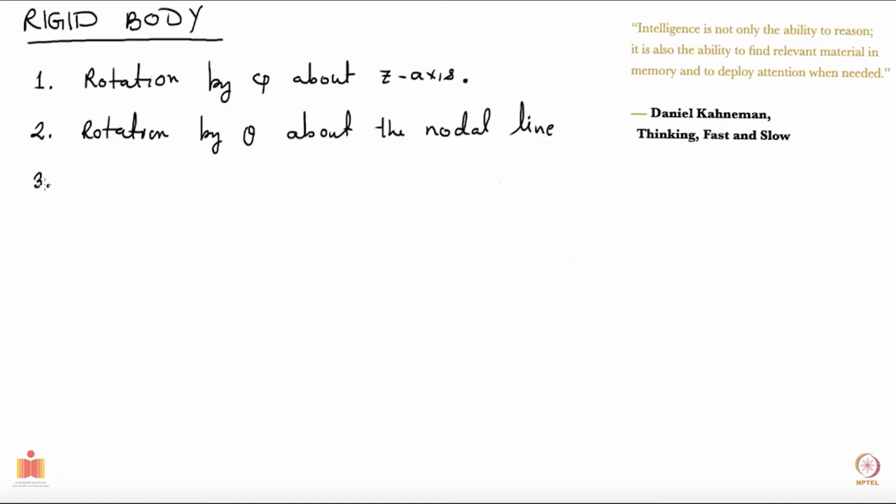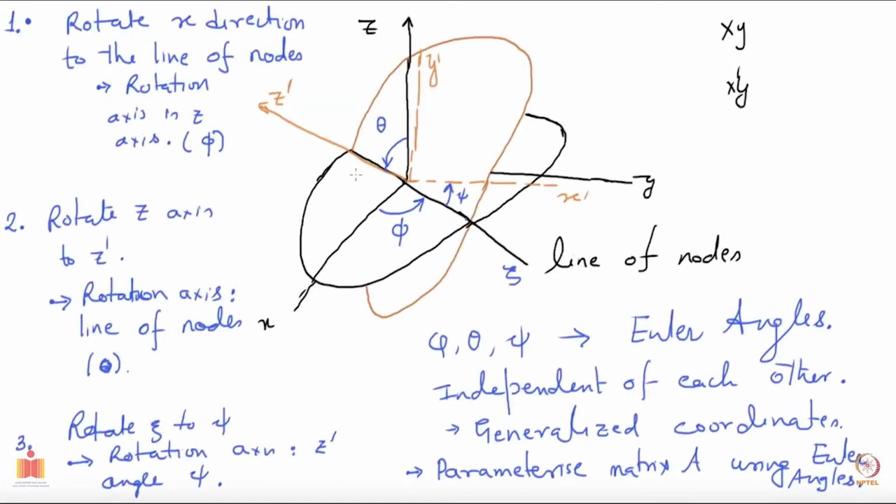That has already happened. What has not happened is your x and y axis have not reached their final destinations, but only one rotation will take you there. And you remember, you have to rotate by an angle psi about what axis? Can you recall that? Let's go here, let's see. Okay, that's what we are doing here.